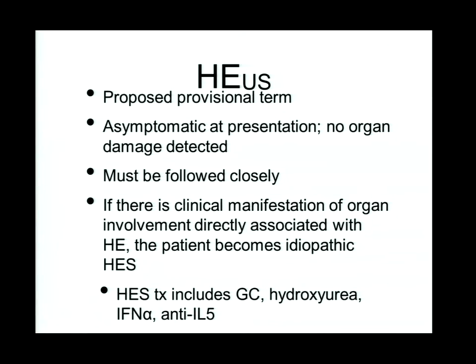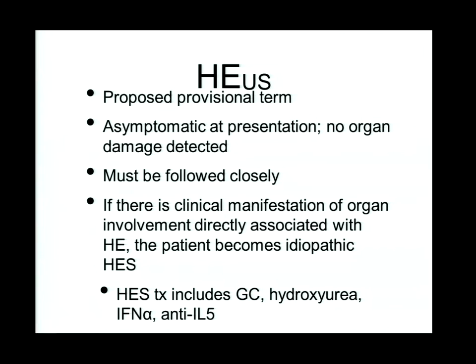They're the ones with the elevated HE, but no other disease association. Most of the time these patients are asymptomatic, there's no organ damage detected, and the majority of patients with hypereosinophilia can tolerate a peripheral eosinophil burden of usually less than 2,000 to 3,000.